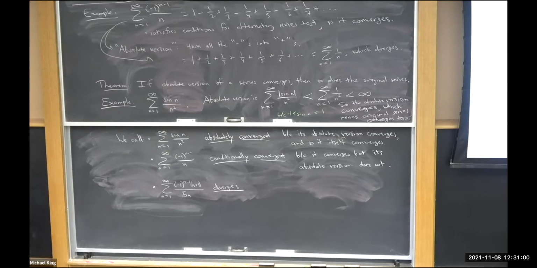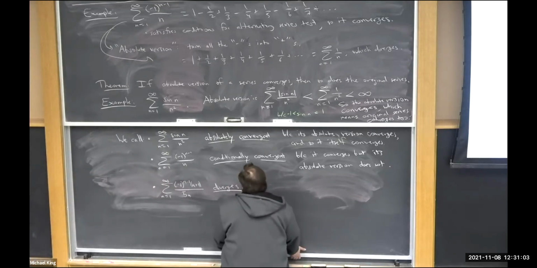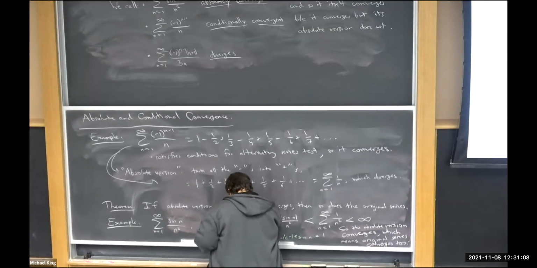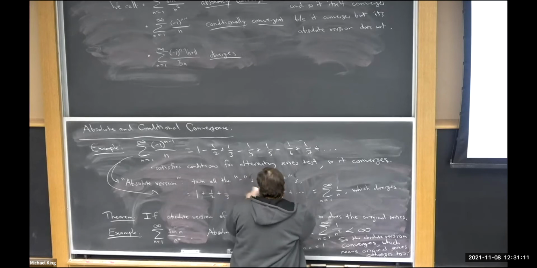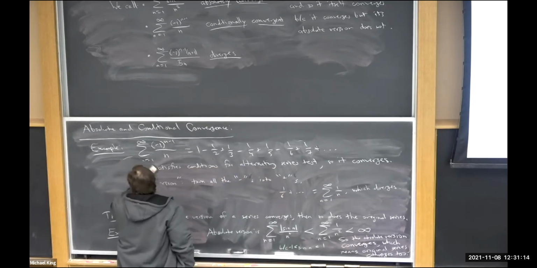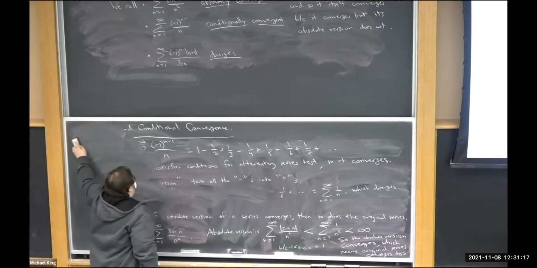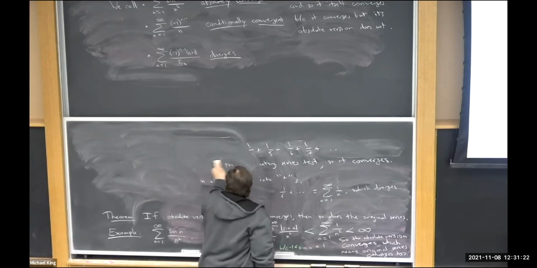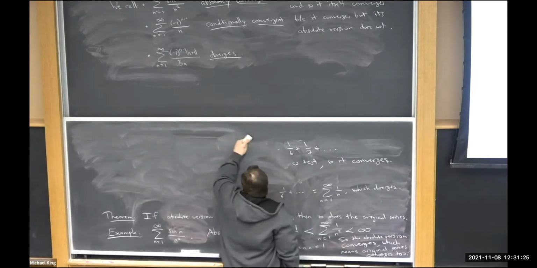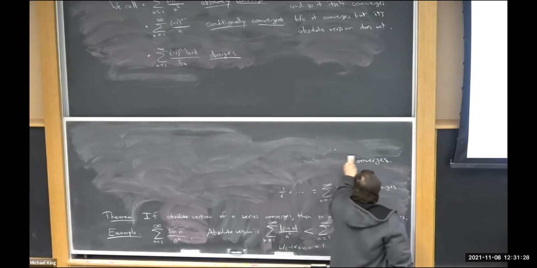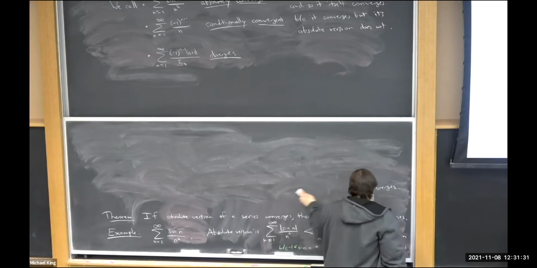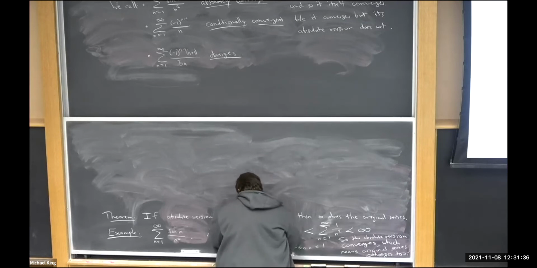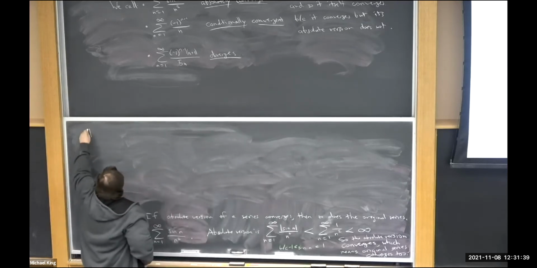So let me do an example on the board. Okay, so here it's kind of like we saw some series like this last week, and I made some arguments that they converged, but what if we look at the ratio test?